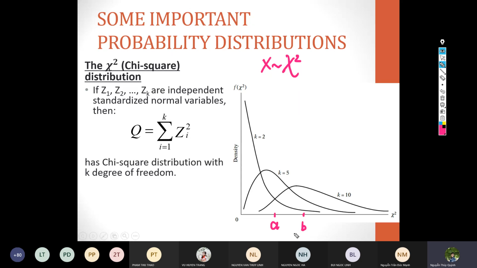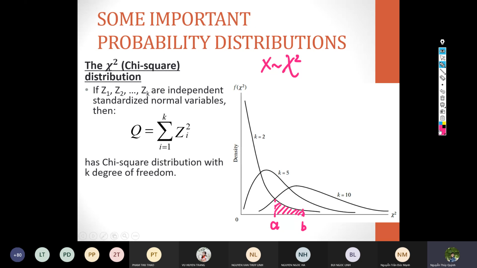What will be the value for each distribution here? For the case when the chi-square distribution has 2 degrees of freedom, the probability that x has a value falling into the range from A to B will be this area.